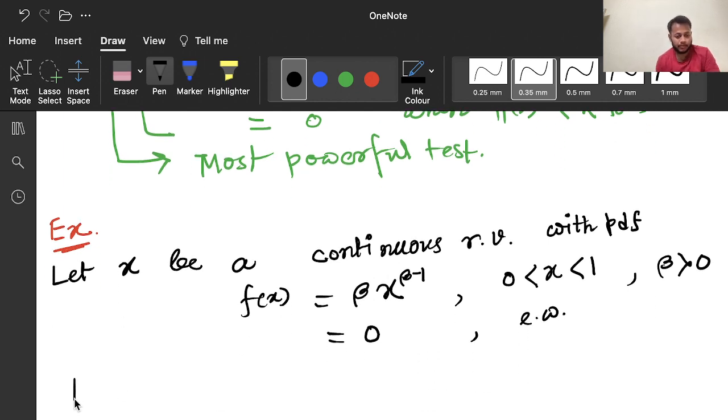Now the null hypothesis is beta equal to 1, and the alternative hypothesis is beta equal to 2.